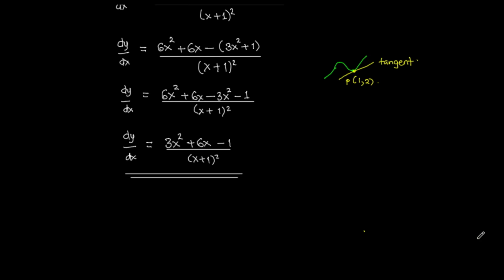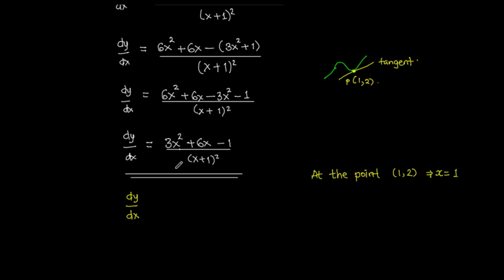So putting this into practice, we can recopy our work here. So dy by dx, at the point (1, 2), it implies that our x coordinate here is 1.